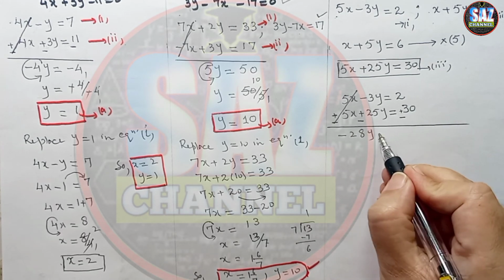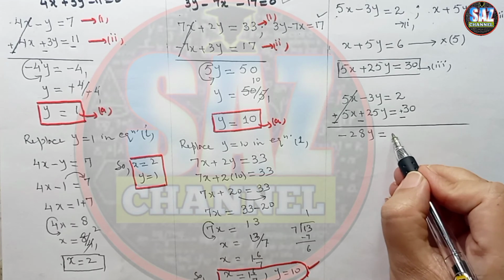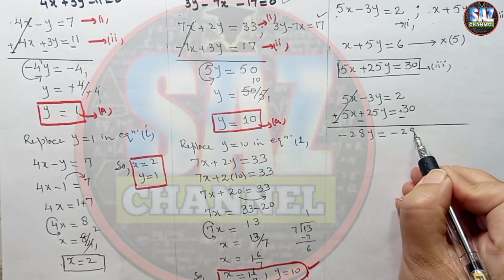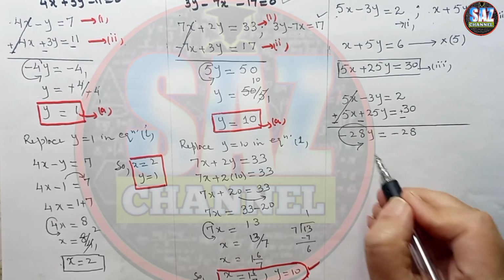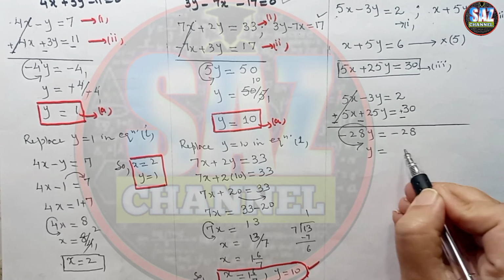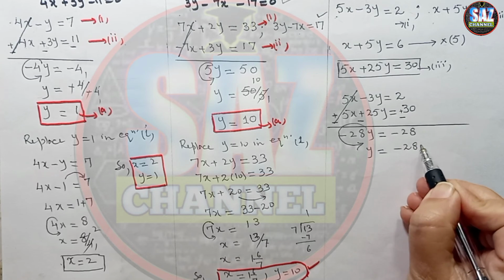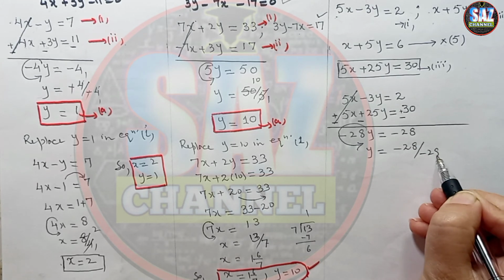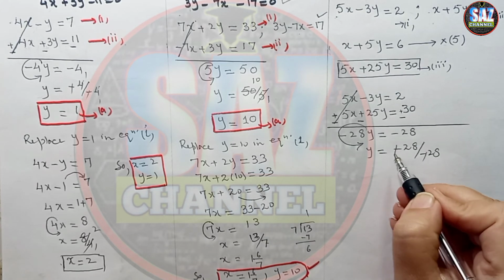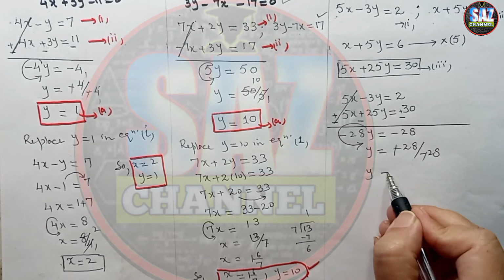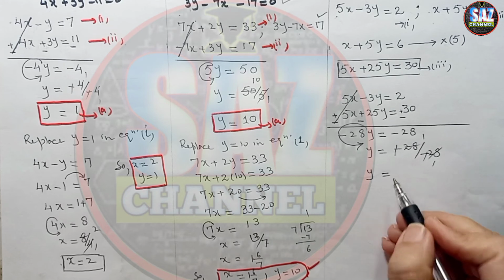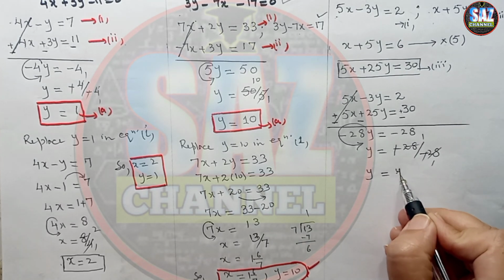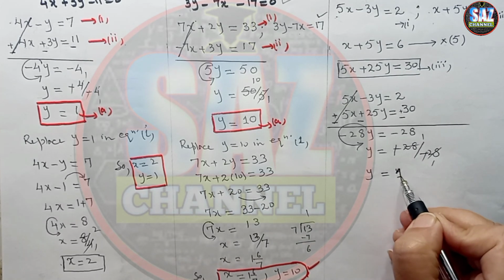Minus 28y equals 2 minus 30, which is minus 28. Now I have to shift this minus 28 to the other side. So y equals minus 28 by minus 28. This minus sign will go with the minus sign. So y equals 28 one times. So the value of y is 1.